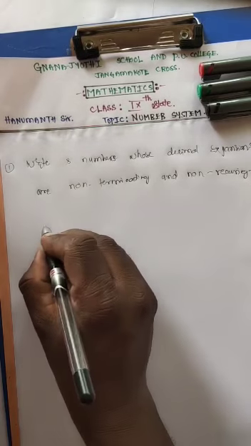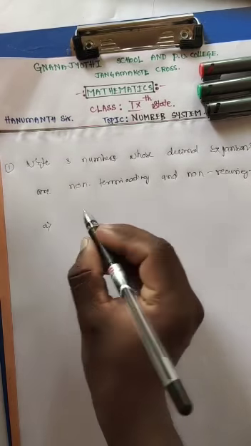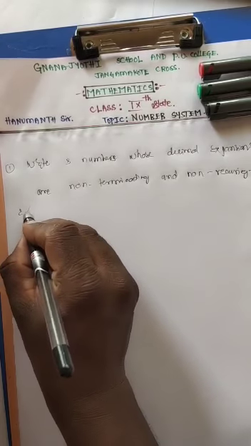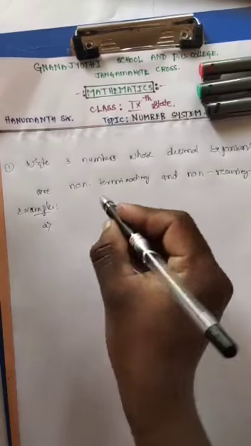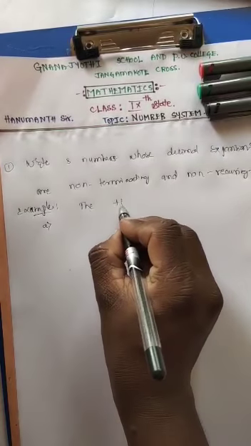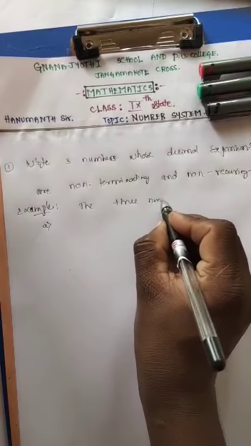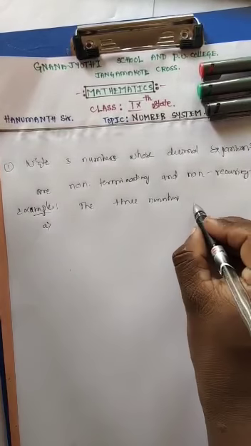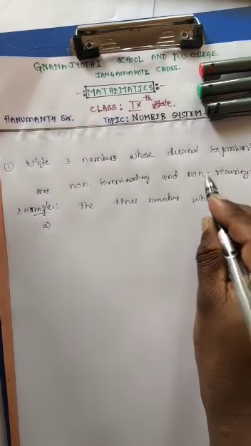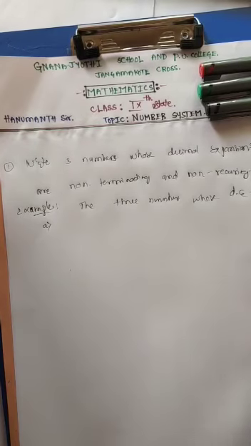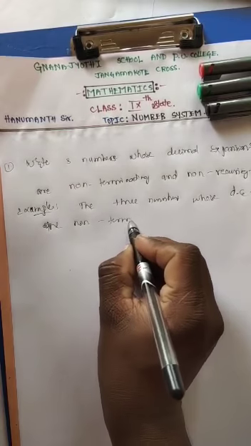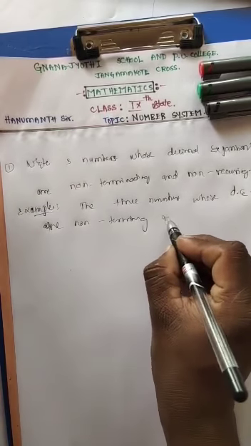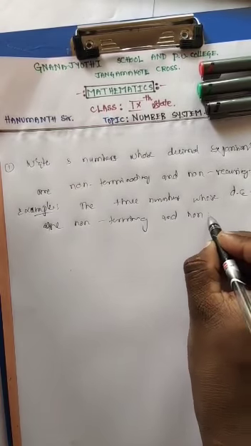For example, the three numbers whose decimal expansions are non-terminating and non-recurring.